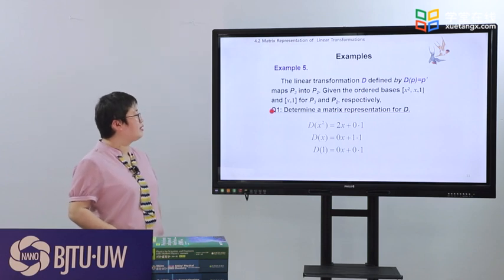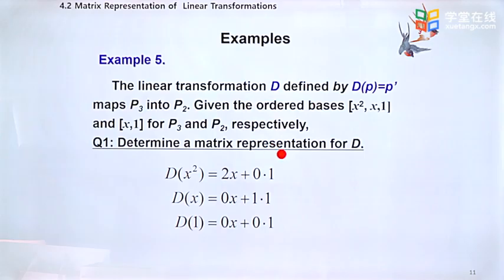First question, Q1: determine a matrix representation for D. In order to determine this matrix representation, we apply the linear transformation function to those basis vectors. The basis vectors are x^2, x and 1 respectively. So D applied to x^2 gives you 2 times x plus 0 times 1, and D applied to x gives you 0 times x plus 1 times 1.